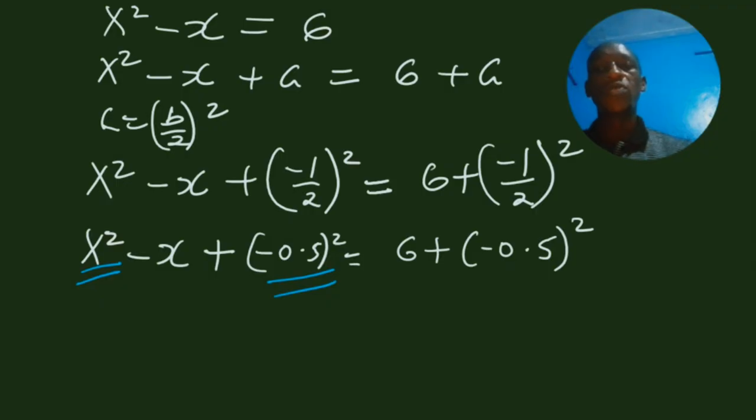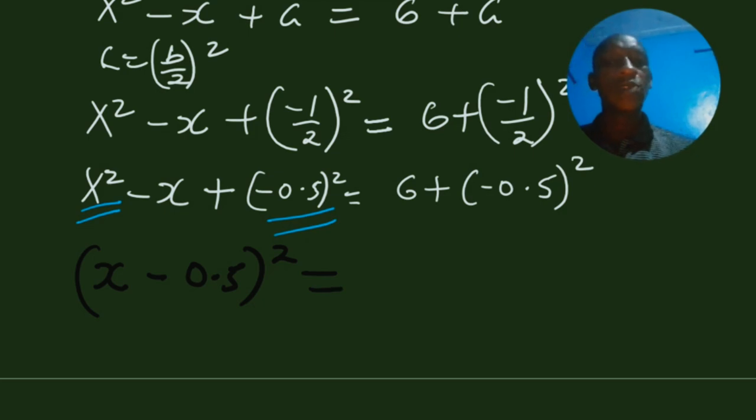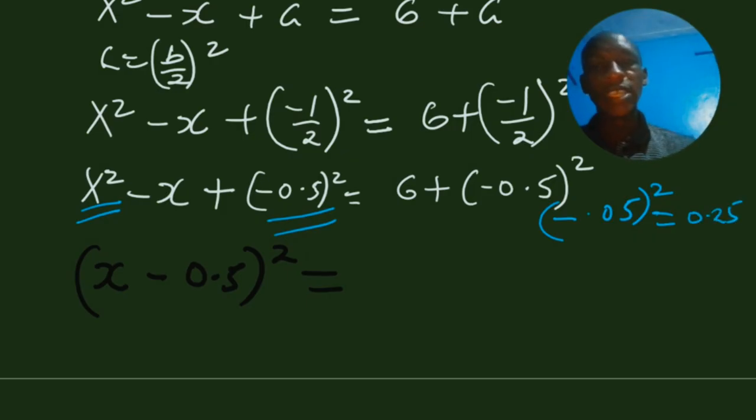So therefore we are going to put them in one bracket and then we square them together. So we are going to have x minus 0.5, and then this one we square once is equal to, this side you work out, negative 0.5 squared is same as negative 0.5 times negative 0.5, and the answer is positive 0.25. So therefore, if you add the two, we get that this is equal to positive 6.25.